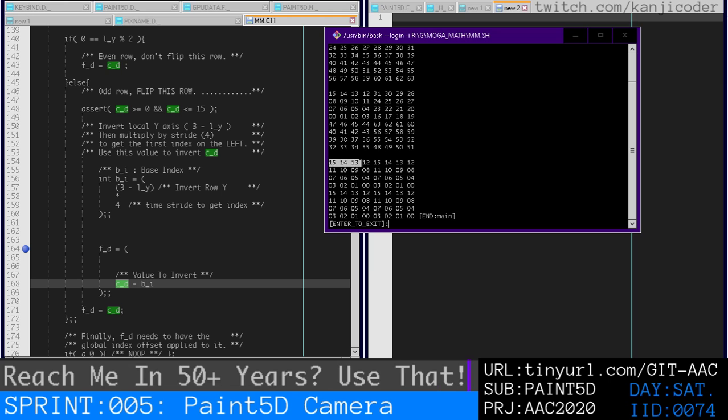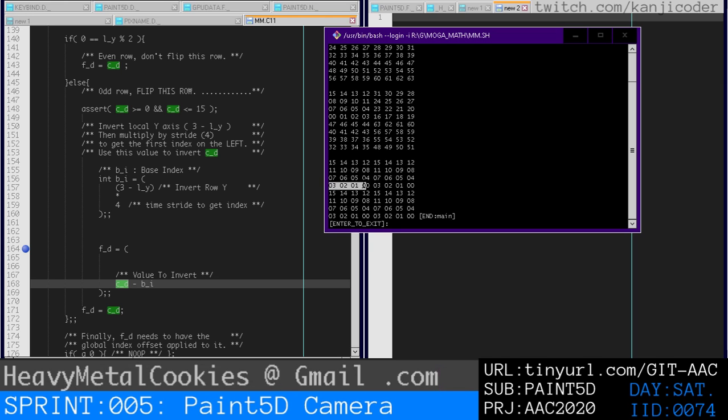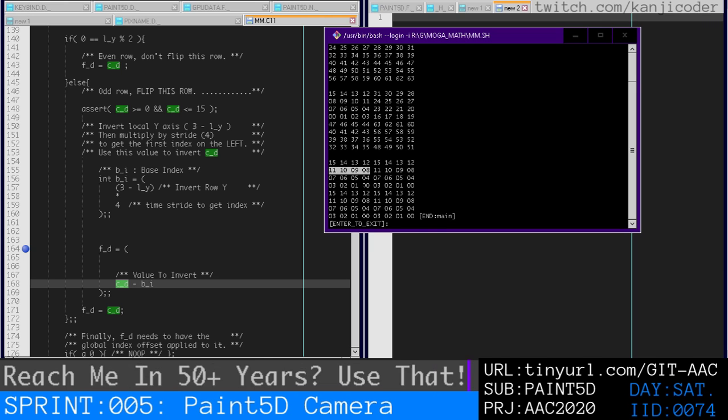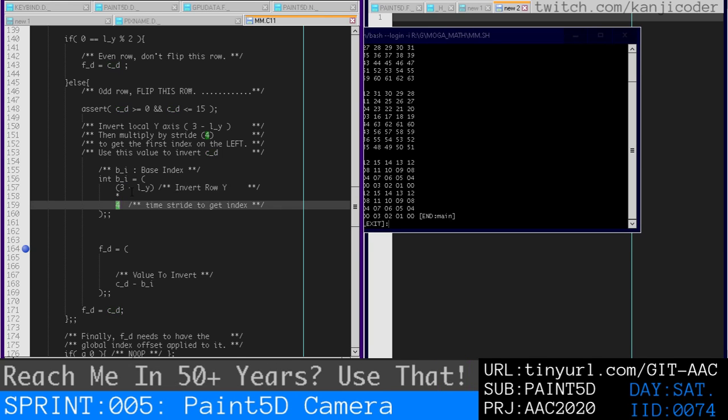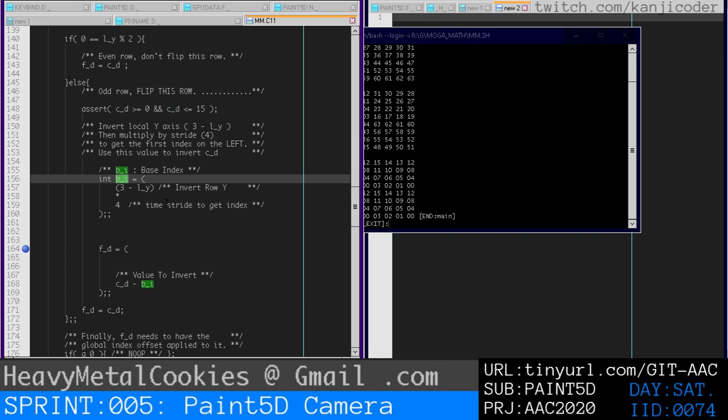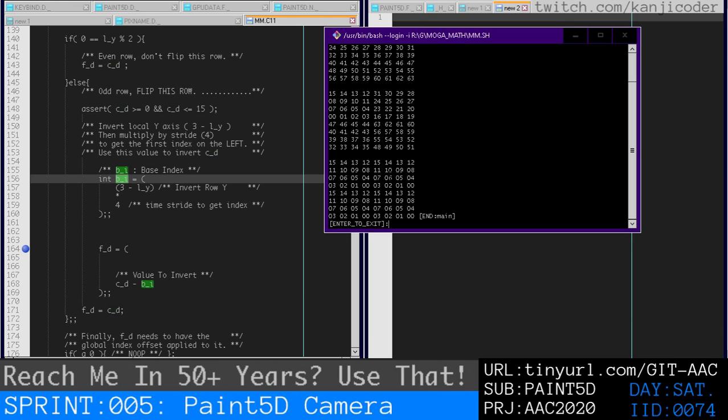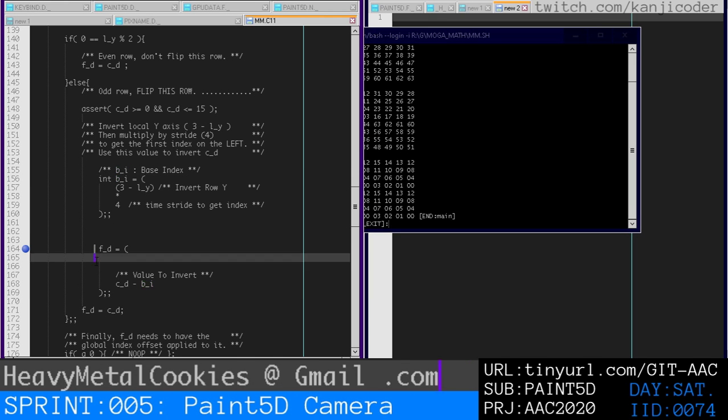Then we times 4, so if we're down here, the base index here is 4. Times another 4, the base index is 8. And the base index here is 12, right? So, times 4 to get that base index. Let's just do FD equals base index for a second.